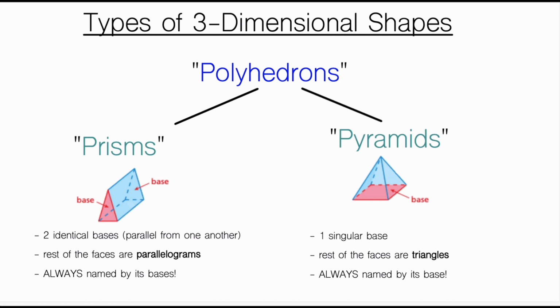Whereas in a pyramid, the rest of the faces are triangles. And they all meet at one point at the top, one vertex up at the top. Some people will call that the apex. And then for both shapes, they are both going to be named by the base. So those are some key things to pay attention to.